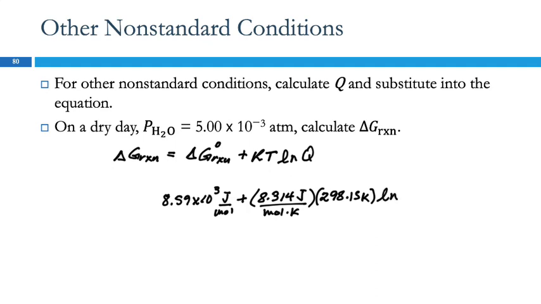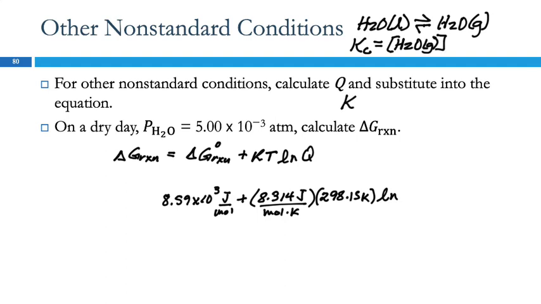And we need the natural log of Q. Well, what is Q? We talked about it, but maybe we forgot. This is our chemical equation that we're looking at, water going from the liquid to the gas state. And to calculate the equilibrium constant, it's going to be the concentration of H2O. So Kc would just be the concentration of H2O gas, or Kp would be the partial pressure of H2O.